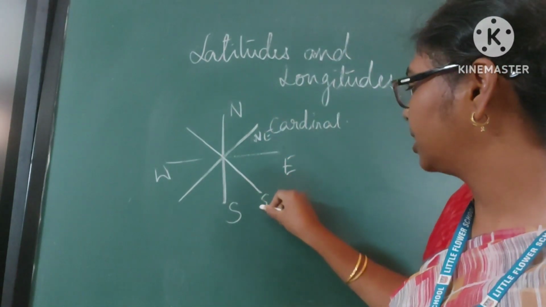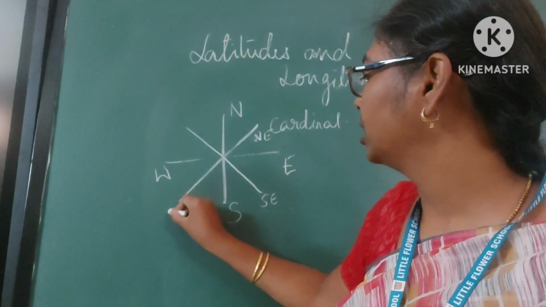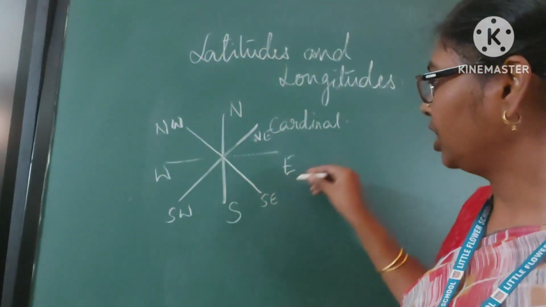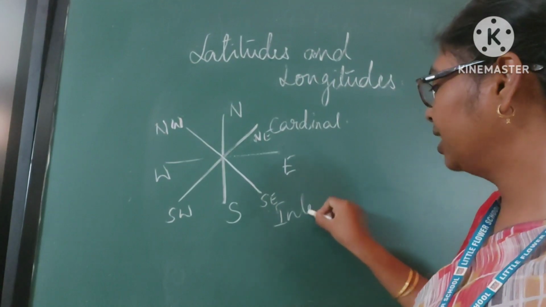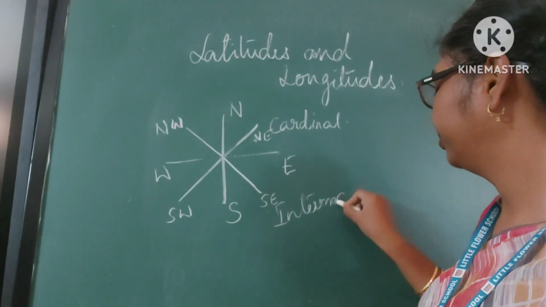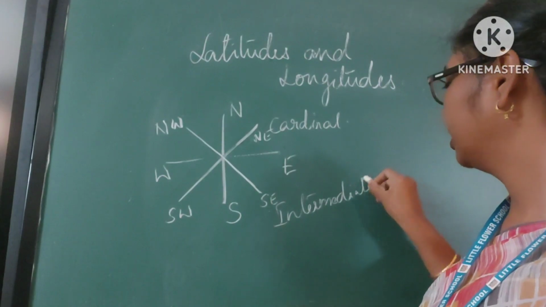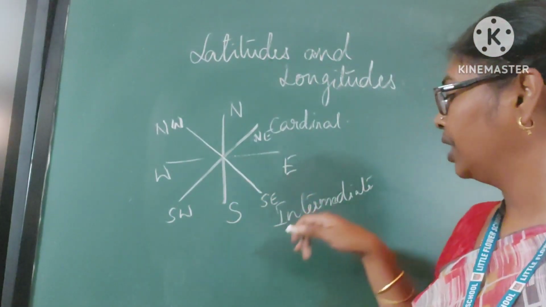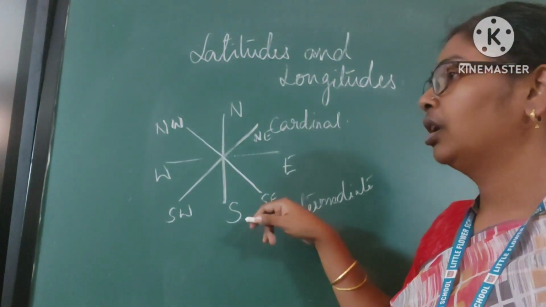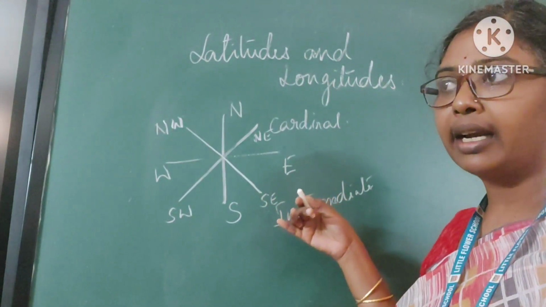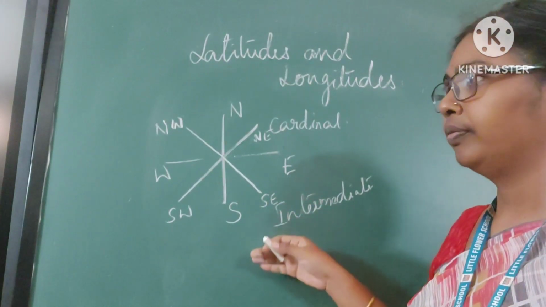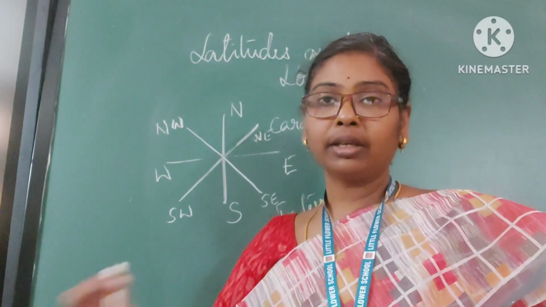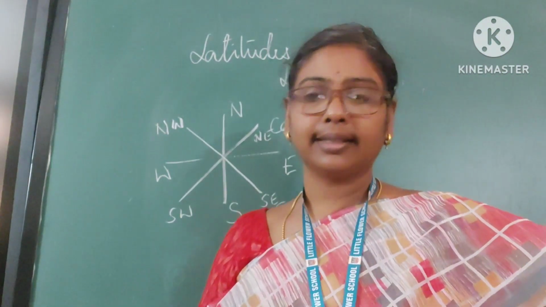Northeast, southeast, southwest and northwest are known as intermediate directions. These are for more easy understanding or more proper understanding. Okay?